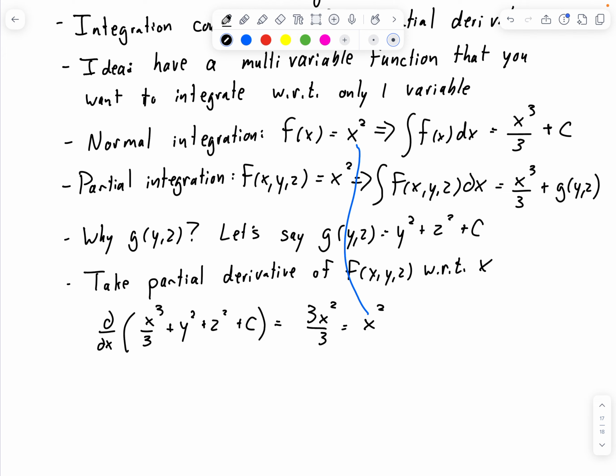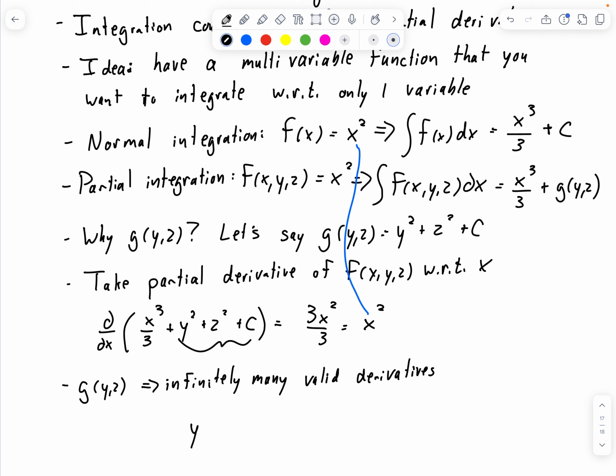Now what this means is that g of y and z basically goes away, and because of that, we have infinitely many valid antiderivatives. For example, this function here could have been anything else.